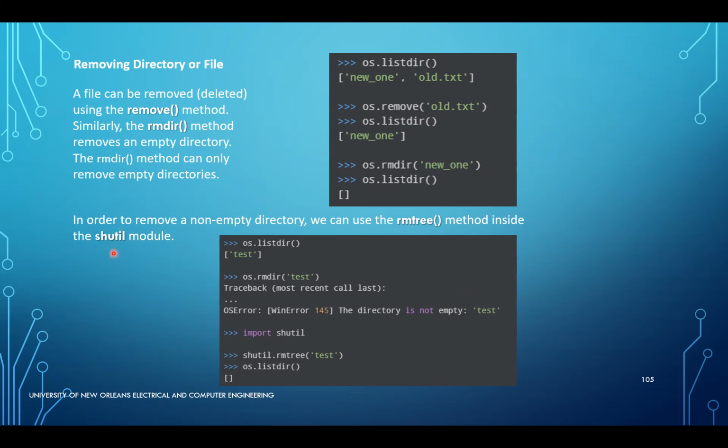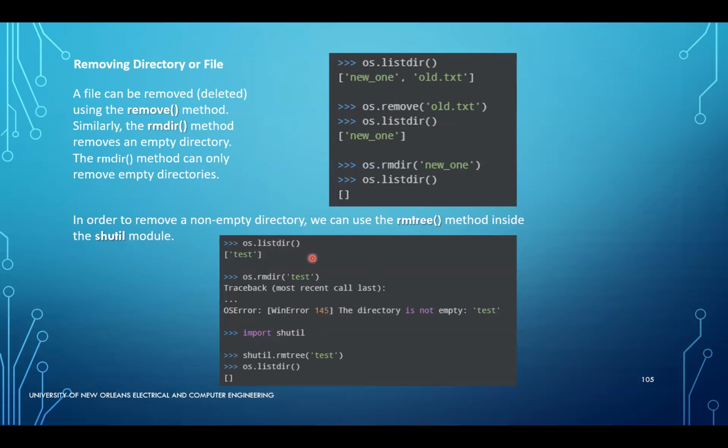It's got a lot of uses, which we're not going to go into in this class, to manipulate files and do all kinds of things with files. But in this case, just to show you how you will remove a directory that is not empty, you will first have to import this utility, import shutil.